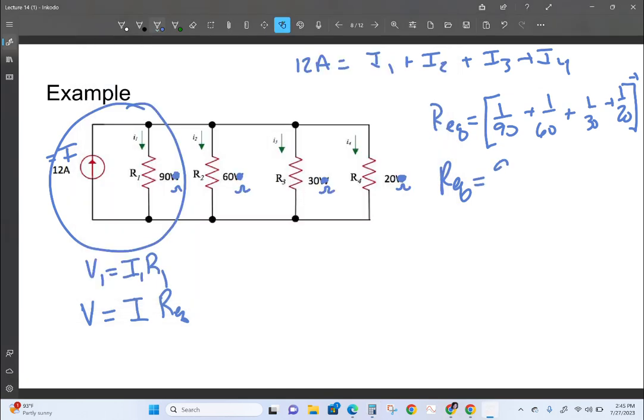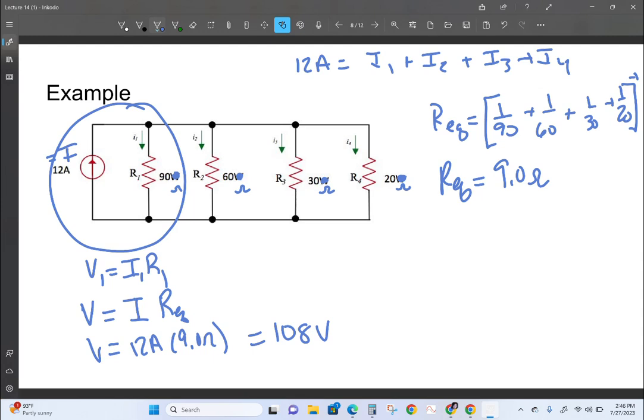And so REQ is 9.0 ohms. So if I want to know what the voltage is of the battery, it's going to be 12 amps times REQ, or 9.0 ohms, which is 108 volts.